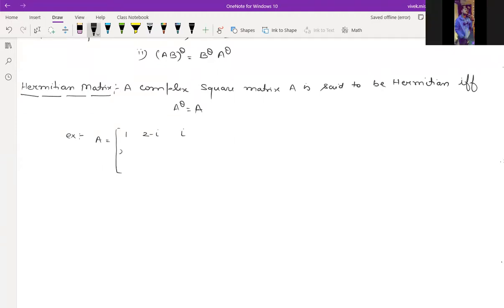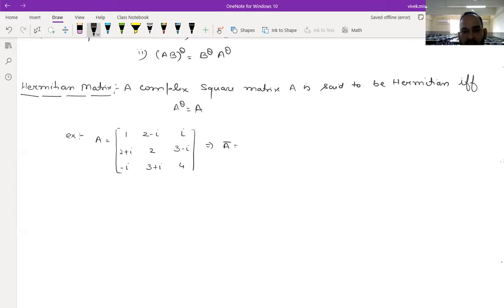Now, example, if I take A is 1, 2 minus I, 2 plus I, minus I, 2, 3 minus I, 3 plus I, 4. This matrix is Hermitian. इसका अगर मैं A conjugate निकालता हूं, so I'll get 1, 2 plus I, minus I, 2 minus I, 2, 3 plus I, 3 minus I, 4.